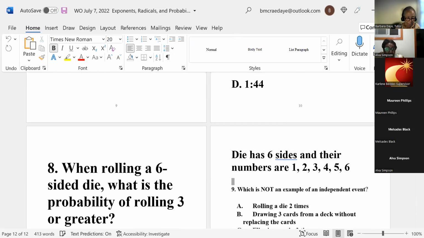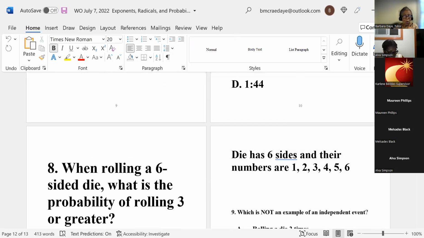All right. Now, Alva, of those 6 numbers, how many are 3 or greater? Look at these right here. Because we're trying to find the probability of 3 or greater.